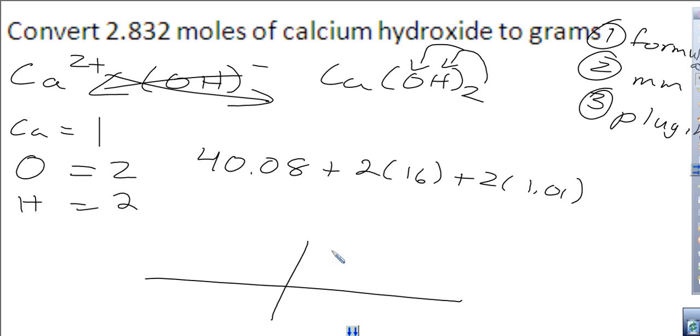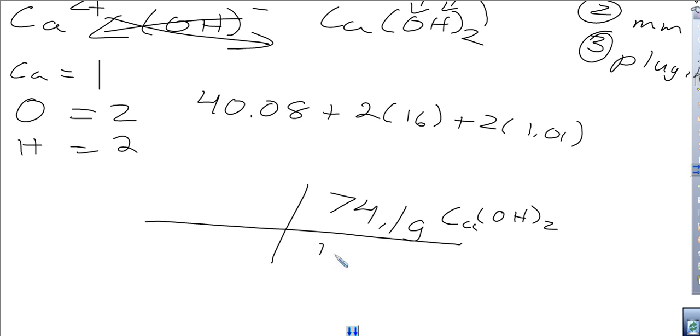74.1 grams Ca(OH)2. Sorry about writing on a slant. Alright, over 1 mole Ca(OH)2.